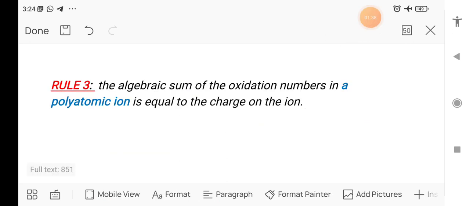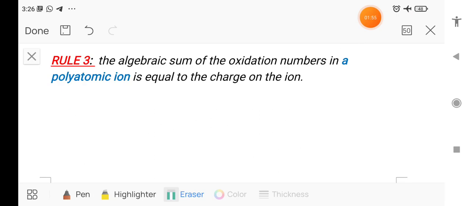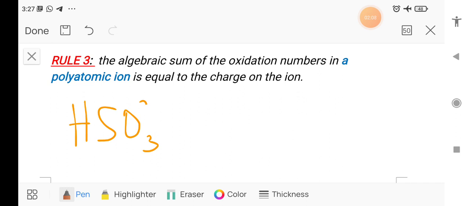Rule number 3 says that the algebraic sum of the oxidation numbers in a polyatomic ion is equal to the charge on the ion. So here is an example. You have this particular ion, let's say sulfite ion.